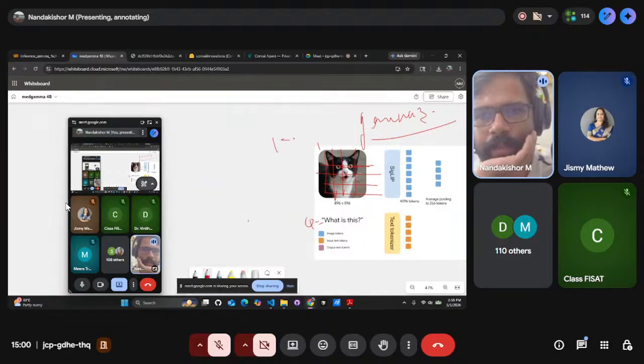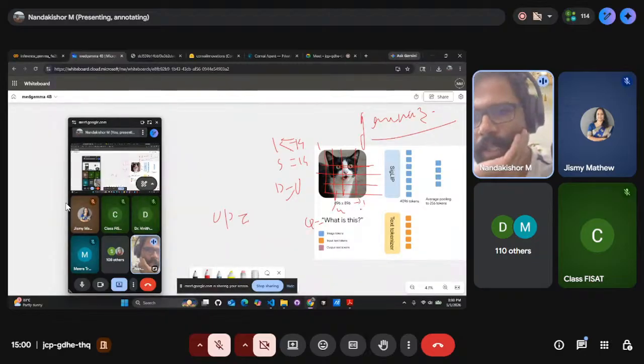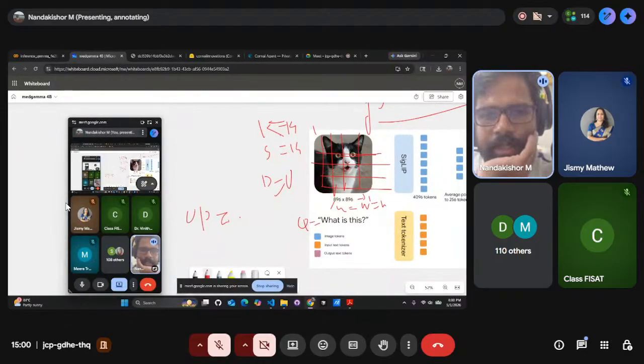So you have a kernel of 14, a stride of 14, and a padding of 0. The convolution output is given by the equation: height and width are equal, 896 by 896, so W equals H. The equation is (H minus K plus 2P) divided by S, plus 1.